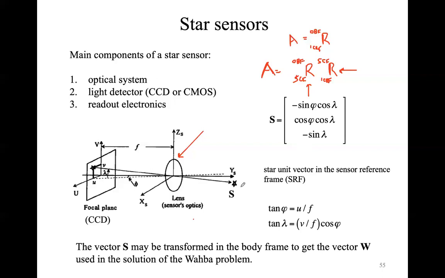Lambda is the elevation with respect to the plane xs, ys. And phi is the angle between the projection of the line of sight of the stars in the plane xs, ys and the ys axis. So it is this angle here. So the vector s can be defined by these angles, okay?